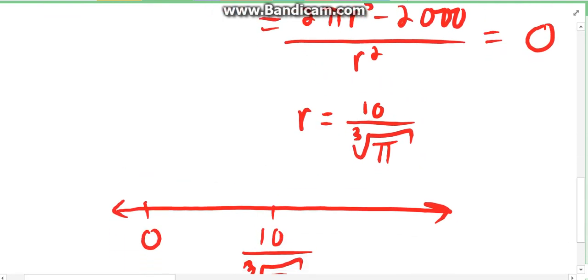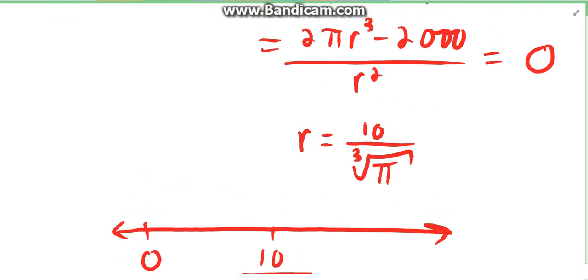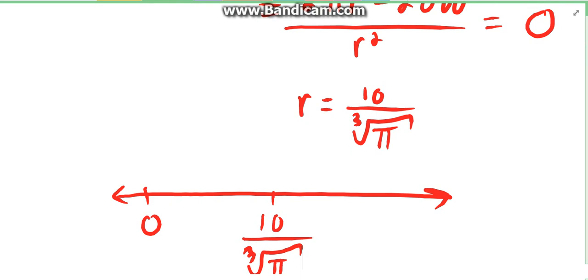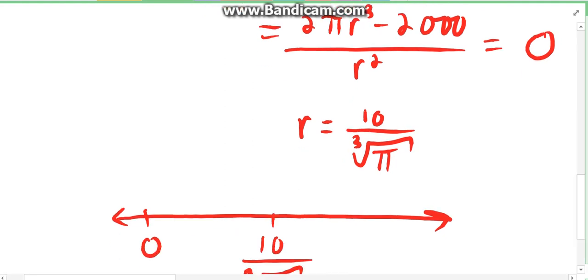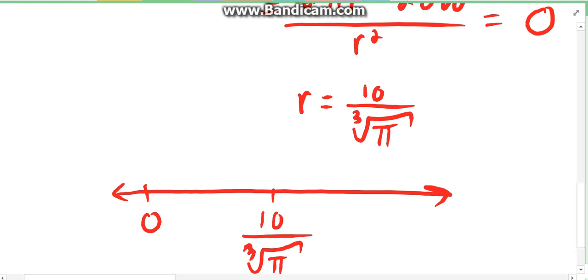If we go back up to our derivative, we need to plug in a number that's less than 10 over the cube root of pi. I'm going to plug in something really close to 0, 0.00001. If you plug in a super tiny number into 2 pi r cubed, you're going to get a super tiny number. Minus 2,000 is going to be negative, and then divided by r squared, which is positive, so negative divided by positive is negative.